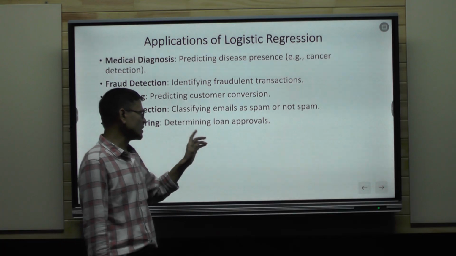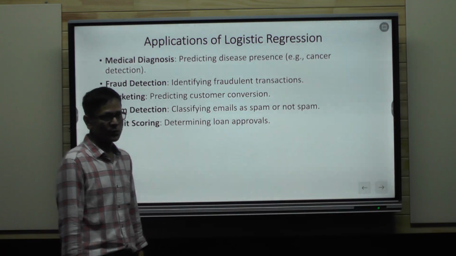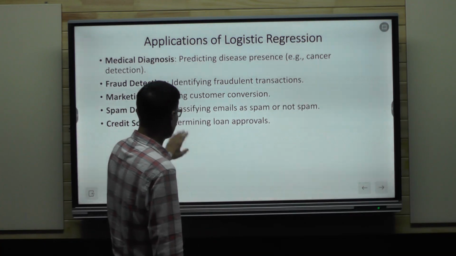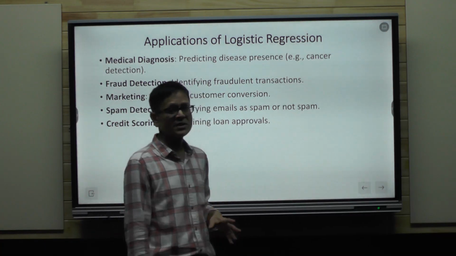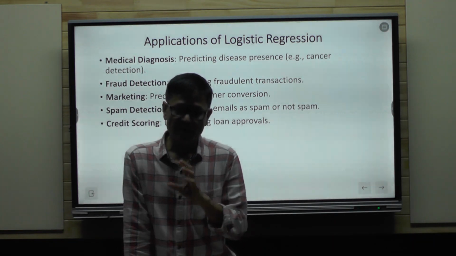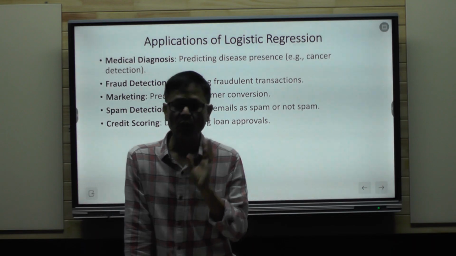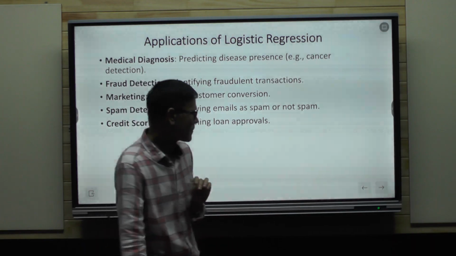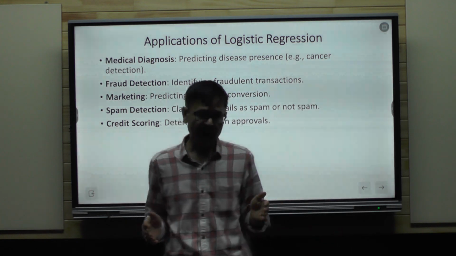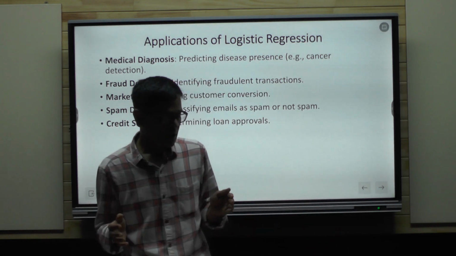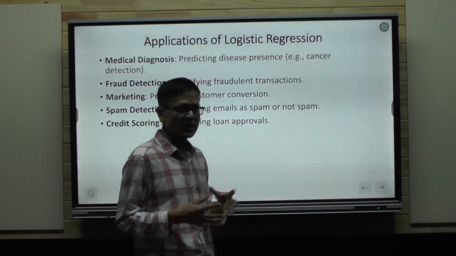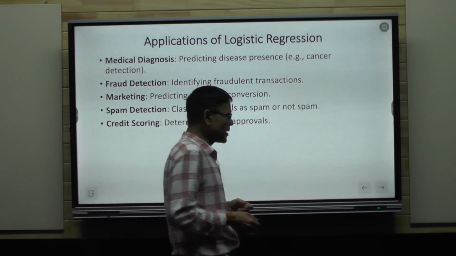And credit scoring, determining loan approval. These are the various applications. I've listed only a few, but you can extend it. But always remember that you can use logistic regression in a situation where the output is between 1 and 0, yes and no, or you want a probabilistic prediction in the range of 0 to 1. And if you have more than one class to predict, you can use the softmax function.